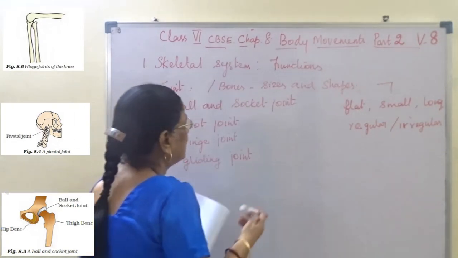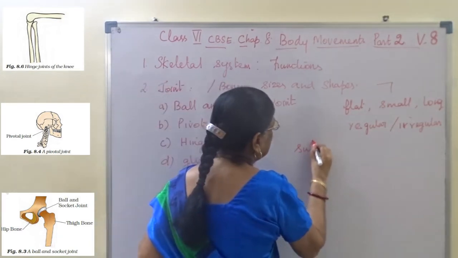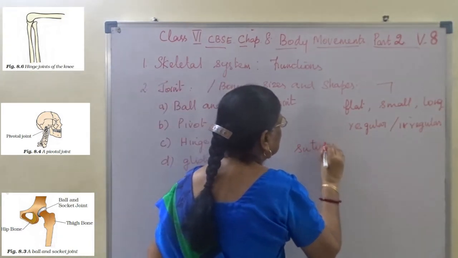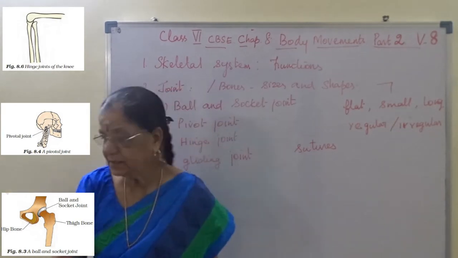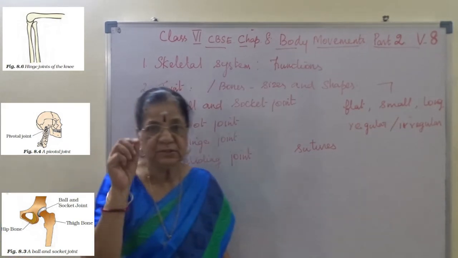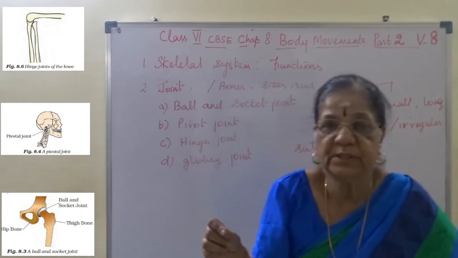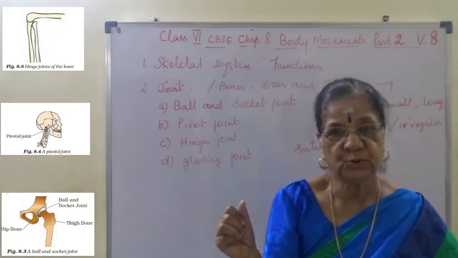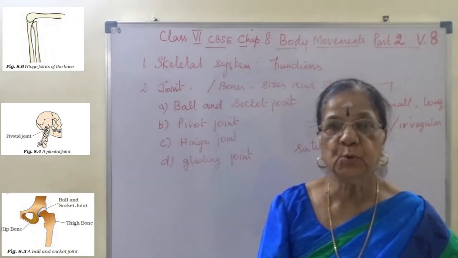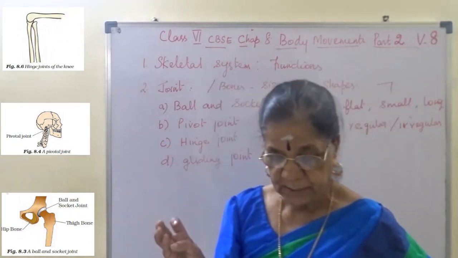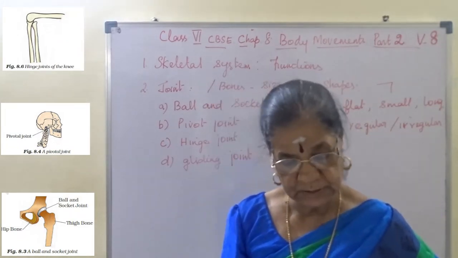They are joined to each other by a structure called sutures. In our skull diagram, தையல் போட்டுப்பாங்க, அந்த மாதிரி suture it is showing. Okay, and it is immovable joint. So fibrous joint or immovable joint.